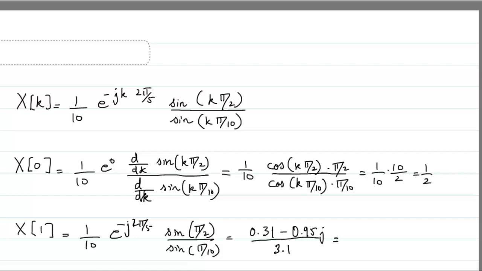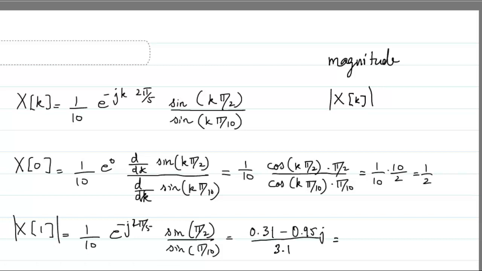But see, if you look at the equation, they have asked you to plot the magnitude spectrum. Magnitude spectrum of x of k means you are trying to find out the magnitude of x of k. That means for each value of x of k, you are only trying to find out the magnitude.